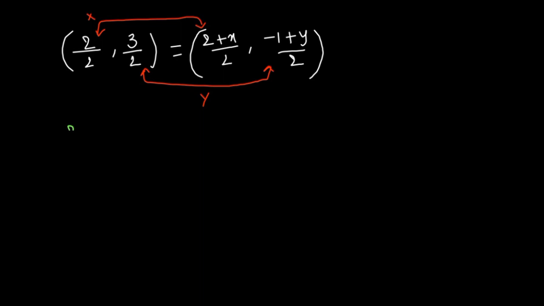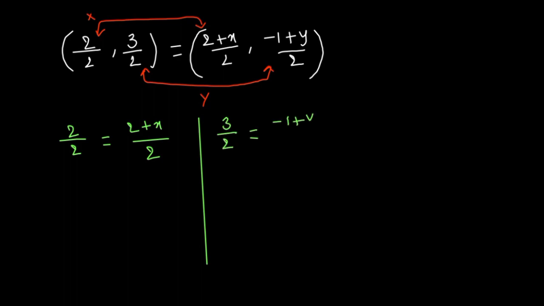Then what we get here: 2/2 equals (2 + x)/2, and one more we have there, 3/2 equals (-1 + y)/2.